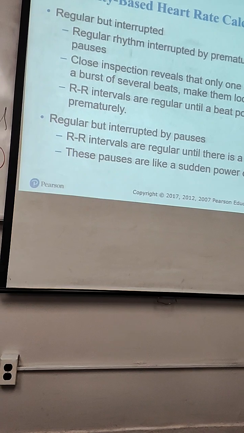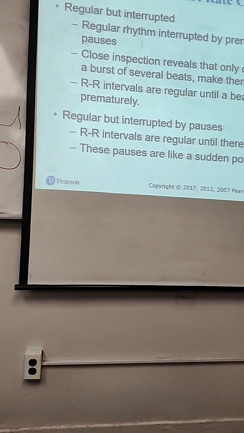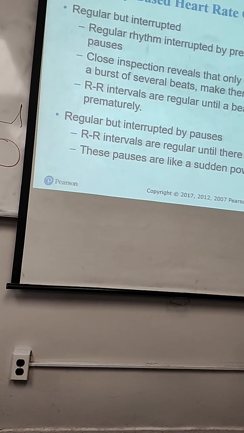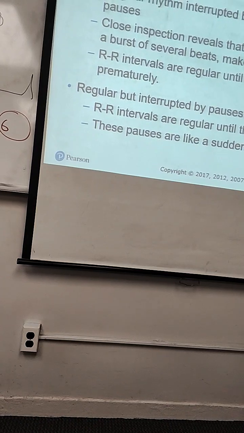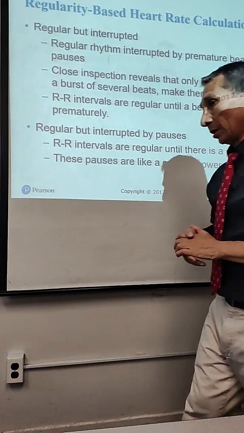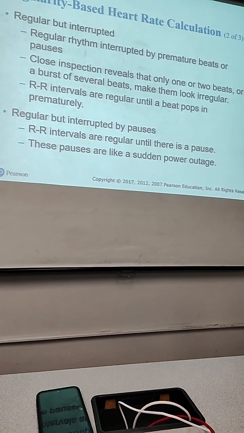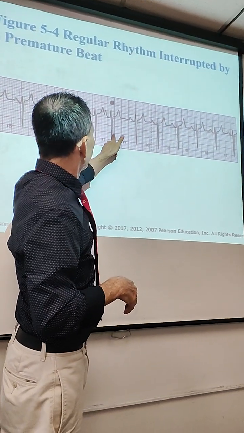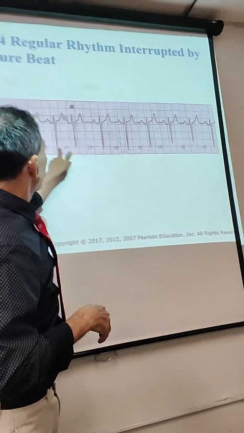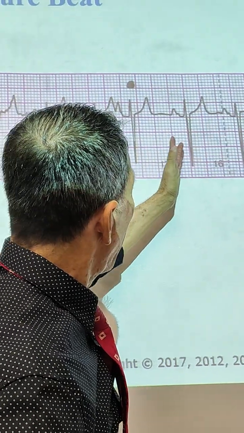Still, it's considered normal. How do I know that it's still considered normal? Because there is only one difference in the whole rhythm. Everything is normal until you get to this little beat, and then everything continues normal, normal and normal. Now, there is an interruption right here, see? Something happened right here with the heart, so now this interval is long.